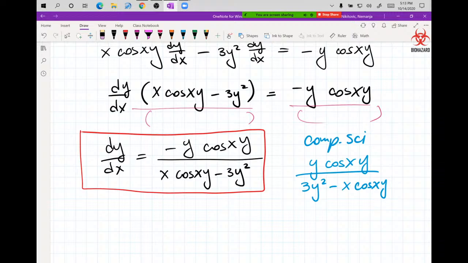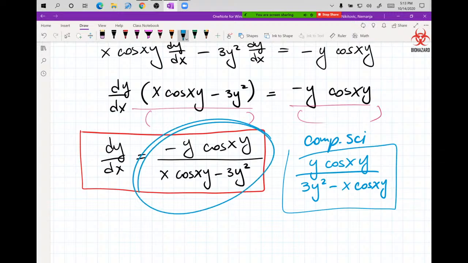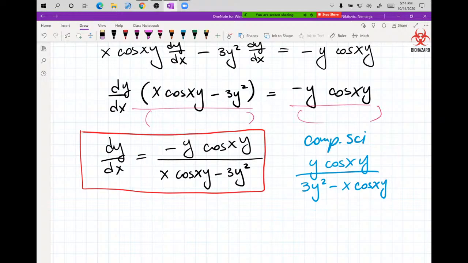So if you have to do 10,000 calculations, this one over here has 10,000 calculations less to do, because those 10,000 minus signs are not present on the right hand side. And then another flex over here would be to divide top and bottom by cosine xy. Again, this is computer science only, and those of you who care.